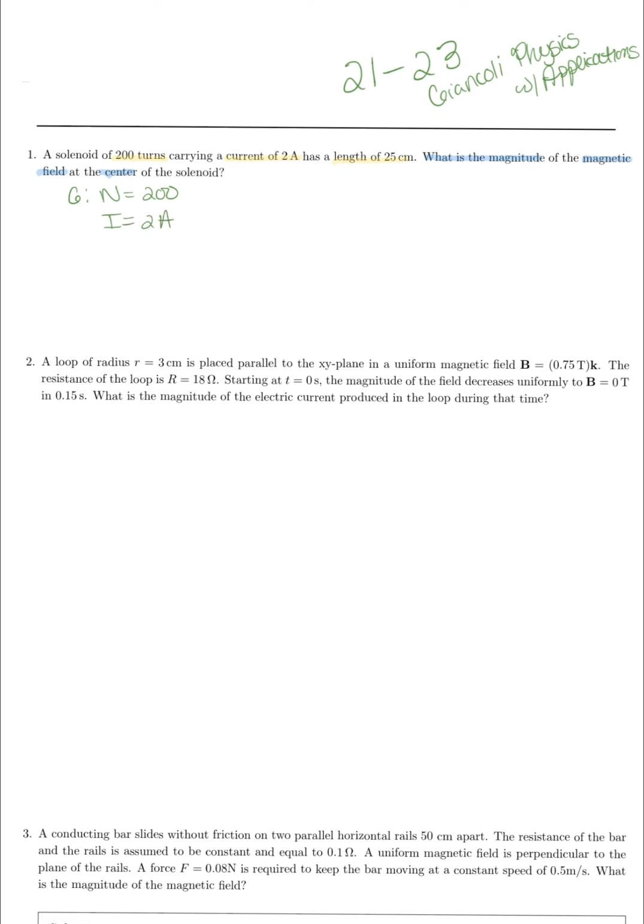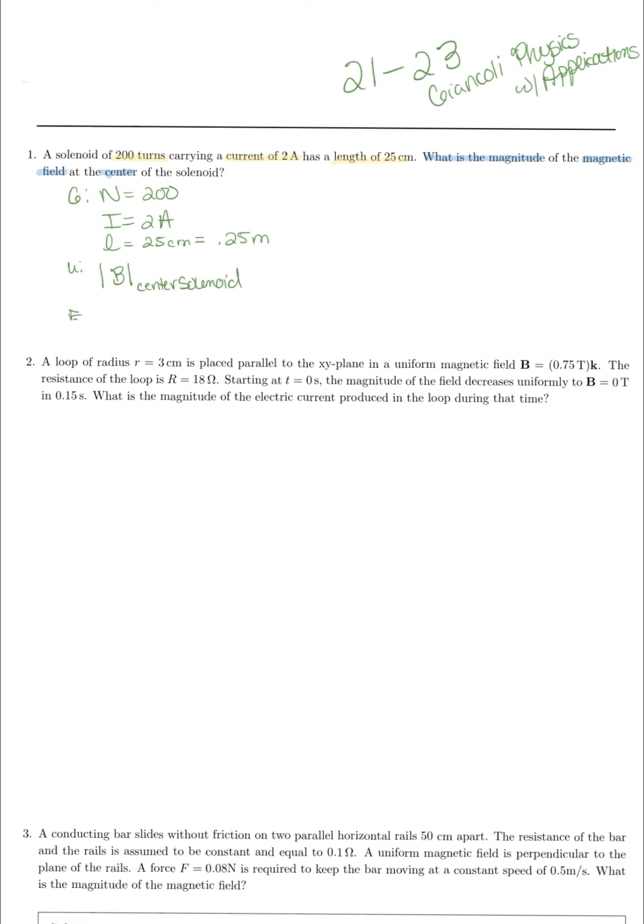And our solenoid has a length, L, of 25 centimeters, which we have to have in meters. So that's going to be 0.25 meters. And our unknown is the magnitude of the magnetic field at the center of the solenoid.